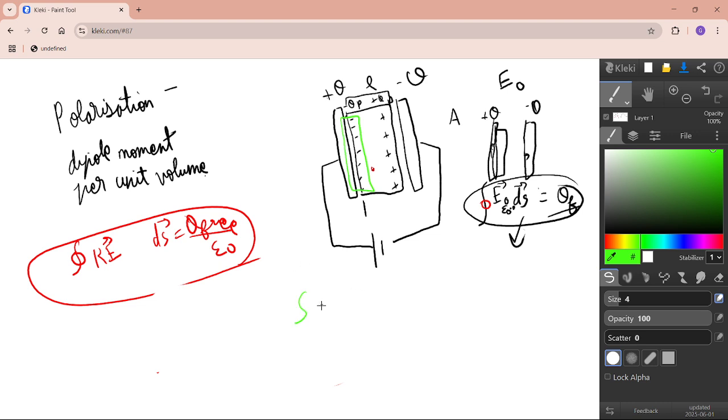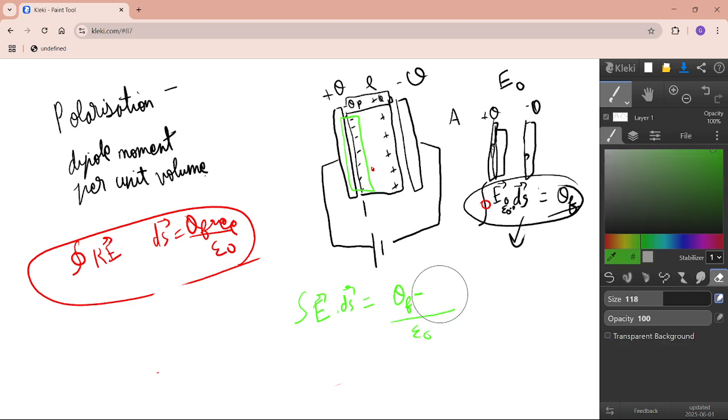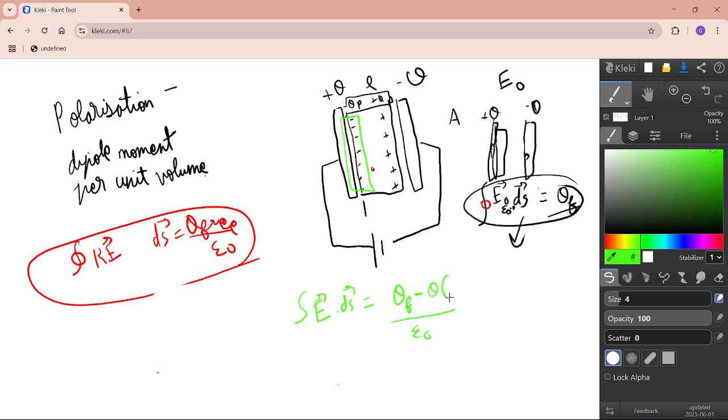So if we consider the electric field dot dS, that is the charge inside, which is the free charge subtracted by the induced charge, upon epsilon naught. And we know the formula for the induced charge is Q(1 minus 1 by K).